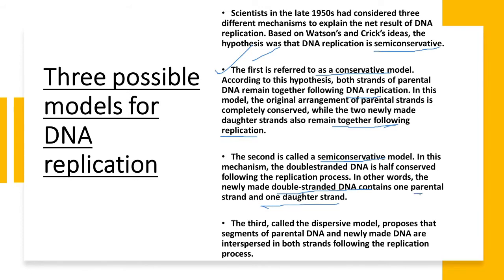Just mind it, one parental strand and one daughter strand. One parental, that is the conserved one, and one daughter strand, that is the new one. So we can say that it is a semi-conservative model.